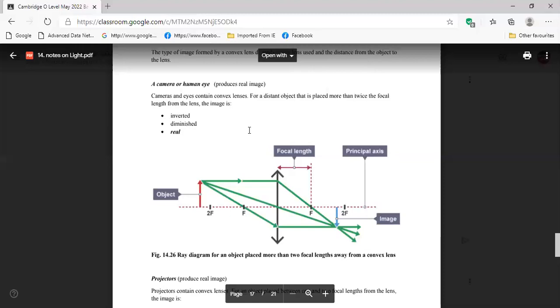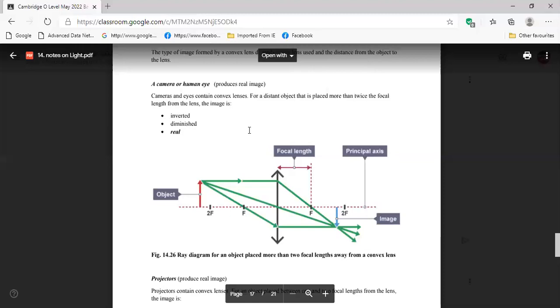In the retina, the image we are getting is upside down. And when it is going to the brain, that time it is again reversed, and we are seeing the object the way it is. Is it clear to you?